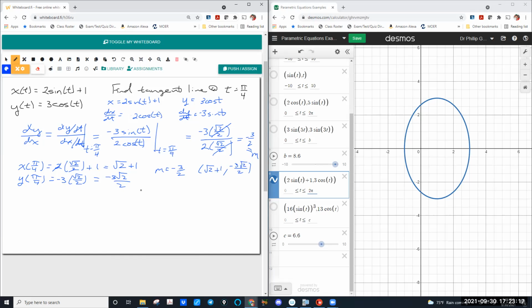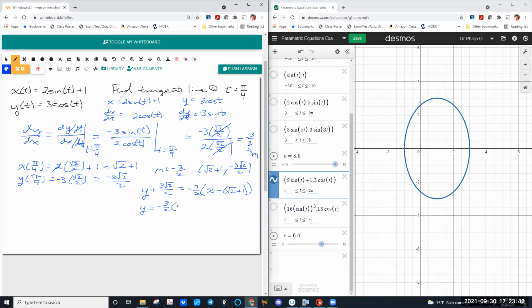And I'm just going to do this in point slope form. I'm not going to kill myself on it. So y plus 3 rad 2 over 2 equals negative 3 halves times x minus rad 2 plus 1. And now to plot it, I will have to move this term over to the other side. So I subtract that off of both sides.